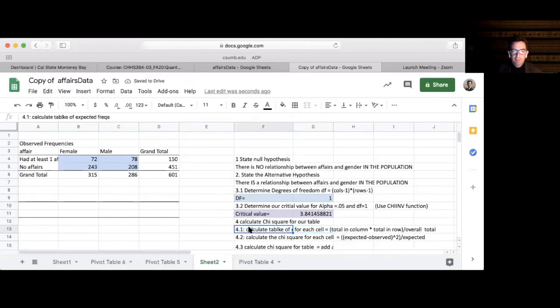But anyway, so we calculate the table of expected frequencies for each cell, right? And then the formula for getting the expected frequencies is here. For each cell, the total in the column times the total in the row divided by the overall total. So I'm just going to copy this table because we're going to need those totals.